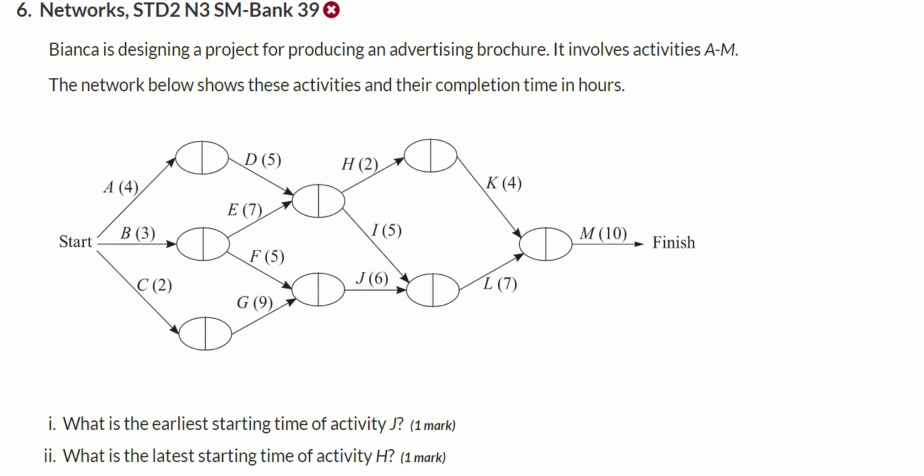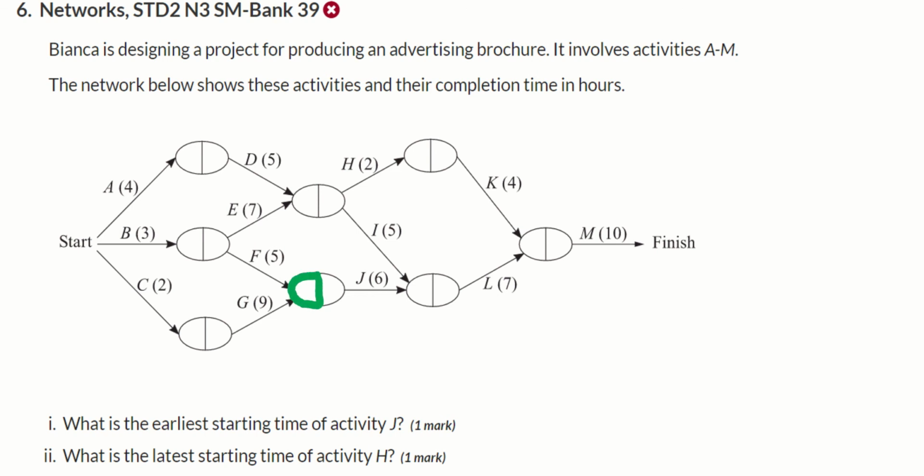All right, Bianca's designing a project, producing an advertising brochure. It involves activities A to M, and the completion time is in hours. What's the earliest starting time for activity J? The earliest starting time, okay, here's activity J. So what I need to find is this value here.